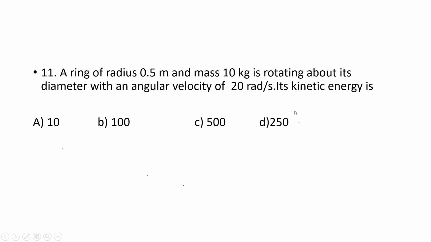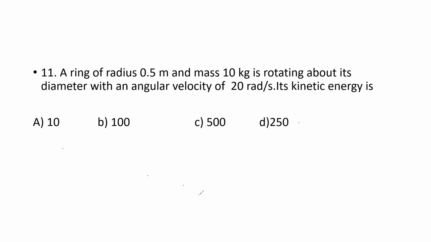A ring of radius 0.5 meter and mass 10 kg is rotating about its diameter with an angular velocity of 20 radian per second. The kinetic energy will be, so we need to calculate the kinetic energy.